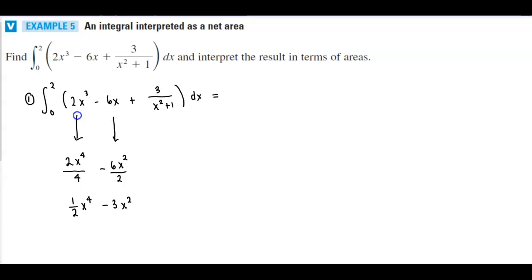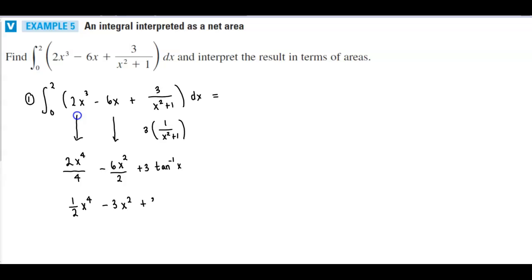Now, what is the antiderivative of 3 over x squared plus 1? That's the same thing as 3 times 1 over x squared plus 1, which means that this is going to be plus 3. Now, the antiderivative using the tables of 1 over x squared plus 1 is the tangent inverse of x.